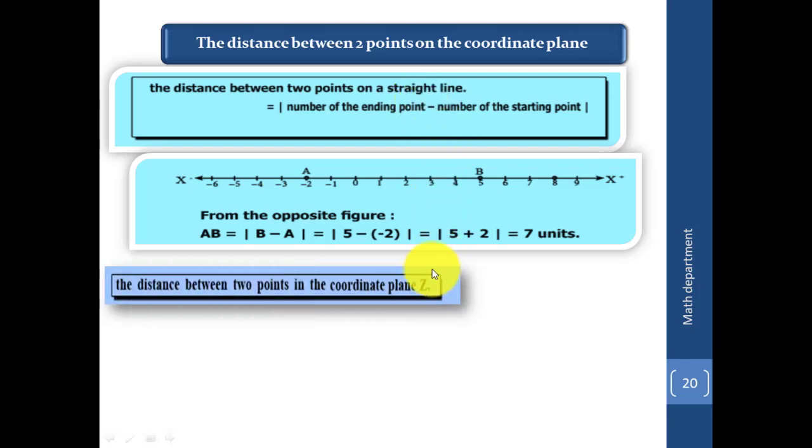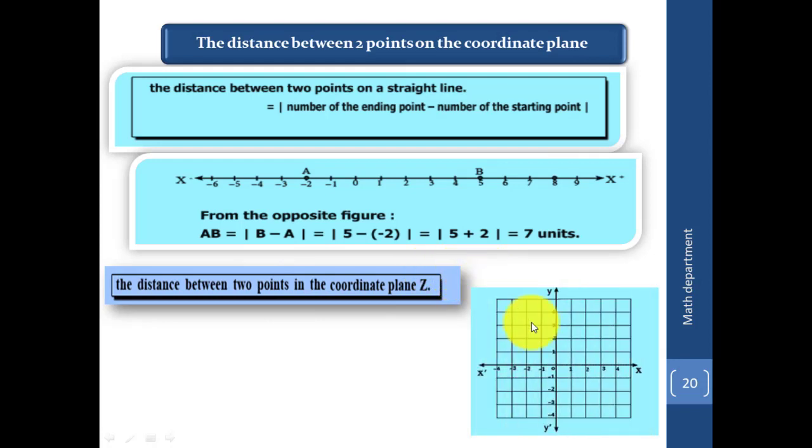The second part: the distance between 2 points on the coordinate plane. In any coordinate plane like this, any point is written as an ordered pair. What's the meaning of ordered pair? An ordered pair is a pair of numbers. The first number belongs to the x-axis and the second number belongs to the y-axis.